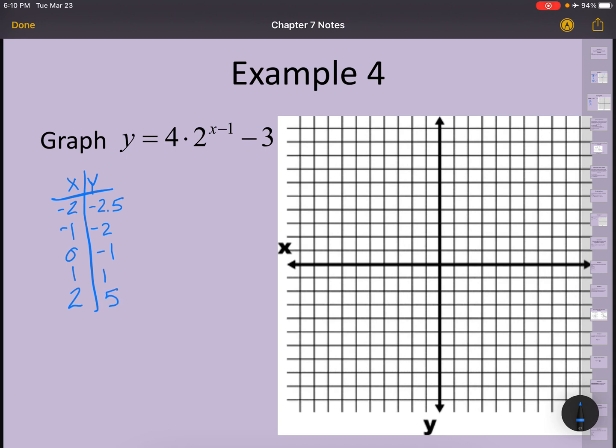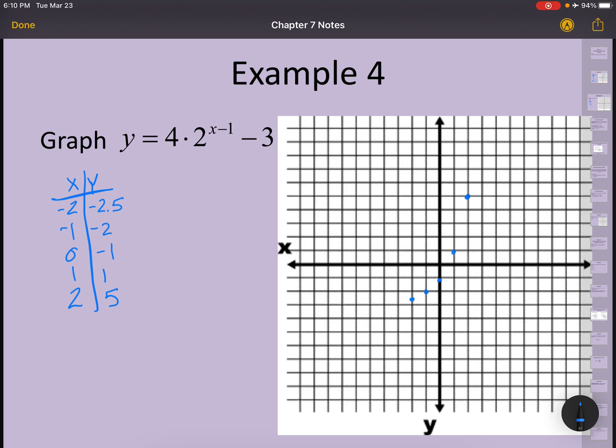So let's graph that. At negative 2 we can go down 2.5, okay, and at negative 1 it's negative 2. At 0 it's negative 1. At 1 it's 1. At 2 it's 5.